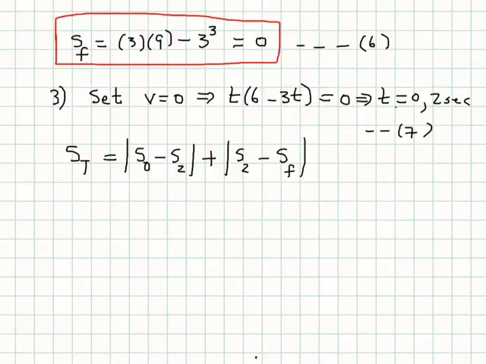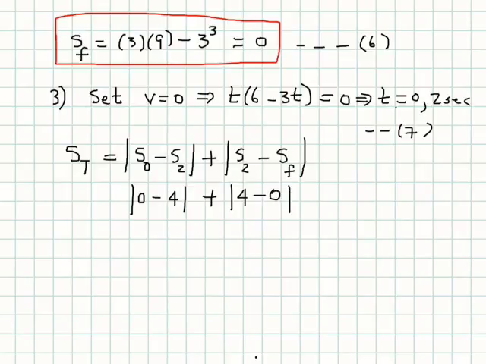And this turns out to be s at 0, which is 0. Now s at 2, we go to the expression for s, which of course we know is 3t squared minus t cubed, or 3 times 4 minus 2 cubed, which turns out to be 4 meters. So we have a minus 4 plus s at 2, again, which is 4. S final from equation number 6 is 0.